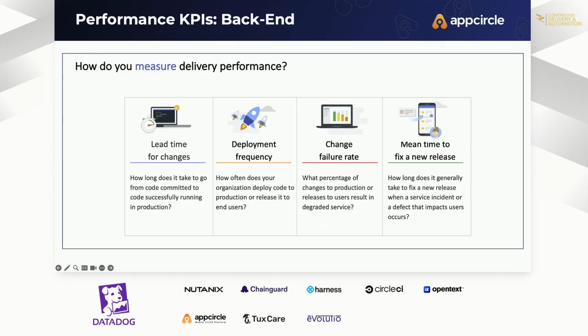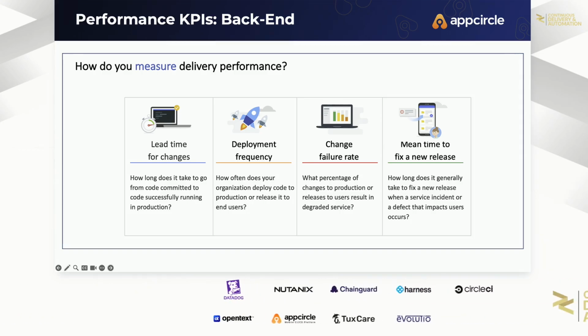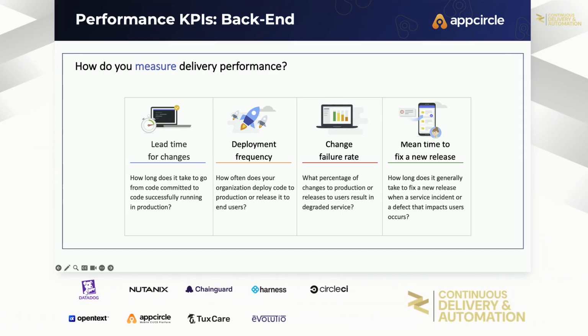So these are the DORA metrics. I'm not an expert on the DORA metrics, but it's a cool way to tell people these differences between the backend and the mobile, because the big companies, the IT giants, are working on these kinds of metrics on the backend side and in the IT industry.